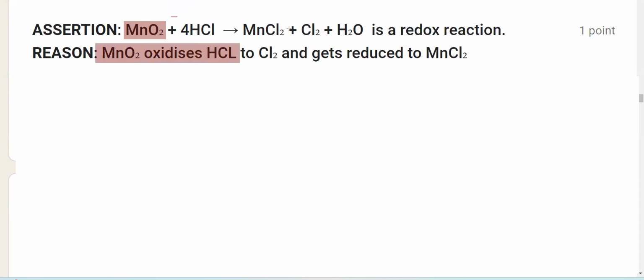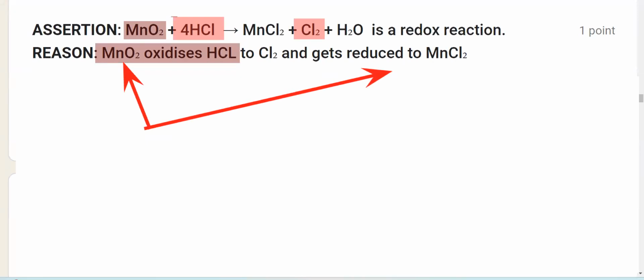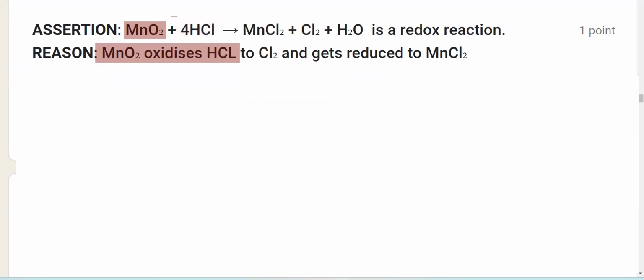It is oxidizing HCl, and HCl is getting oxidized to produce chlorine, and the manganese dioxide itself is getting reduced. So both assertion and reason are correct, and it's the correct explanation as well.